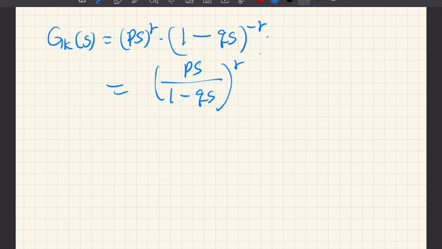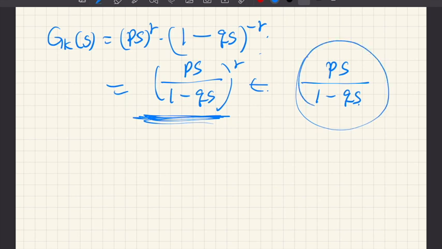Now, what's this? Remember the probability generating function for the geometric distribution? That was this, ps over 1 - qs. So the generating function for the negative binomial distribution is the generating function for the geometric distribution to the power of r.